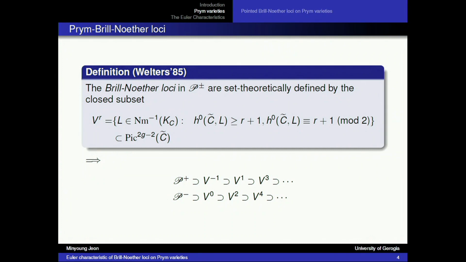These Brill-Noether loci are parameterized by r. If r is odd, then by definition these Brill-Noether loci are contained in P plus, and if we take r even, then these loci are in P minus.